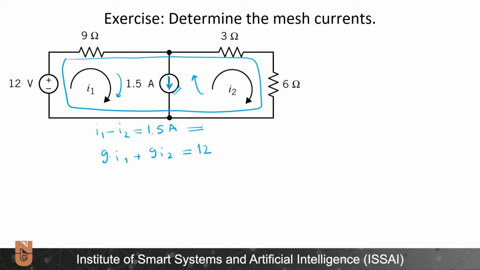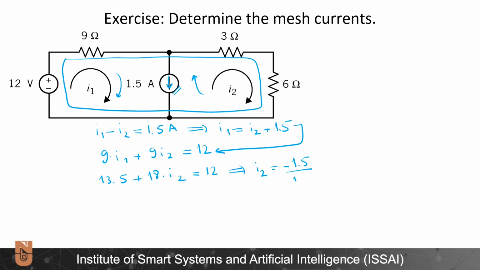From the first equation, I can write I1 is equal to I2 plus 1.5. And if I take this expression and then plug into this expression, I end up with 13.5 plus 18 times I2 will be equal to 12. From here, I can calculate I2 as minus 1.5 over 18, which is equal to minus 1 over 12 amperes.